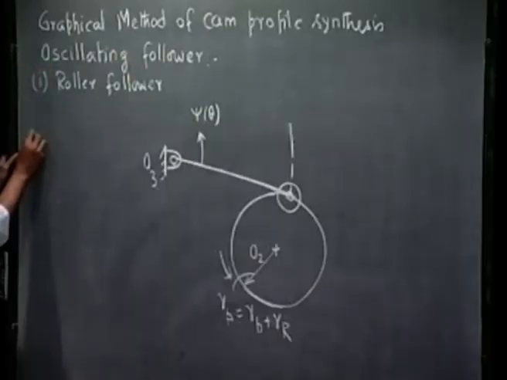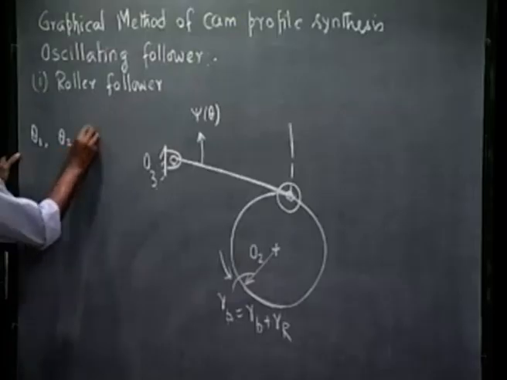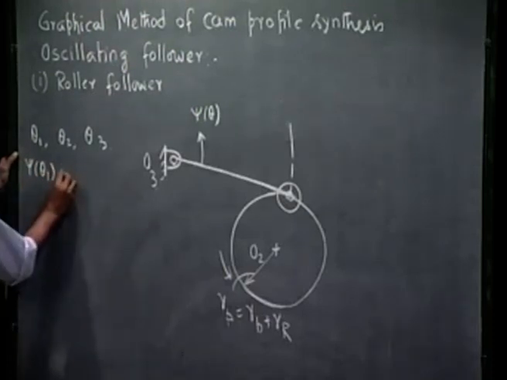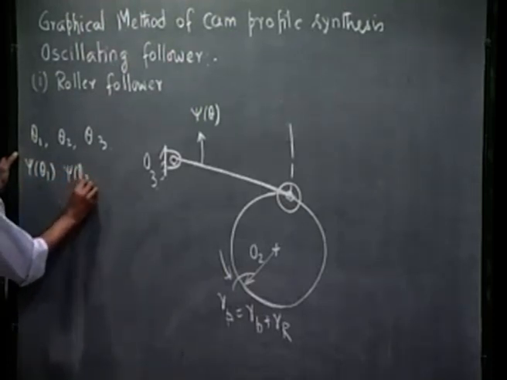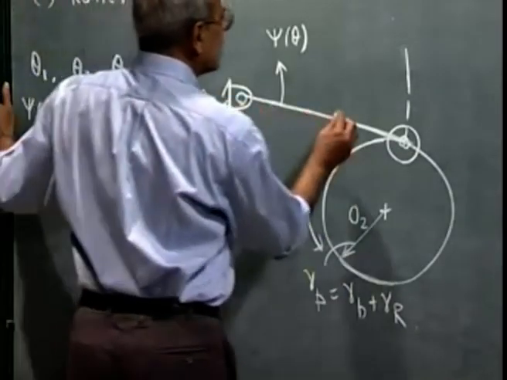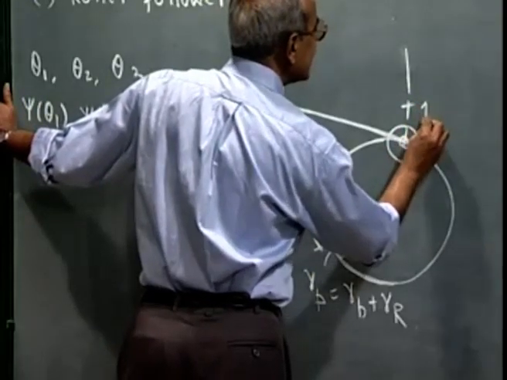If we take station points corresponding to theta 1, theta 2, theta 3, then we will know the corresponding values of psi, psi theta 1, psi theta 2, and so on. So corresponding to station point 1, let's say the trace point is here.